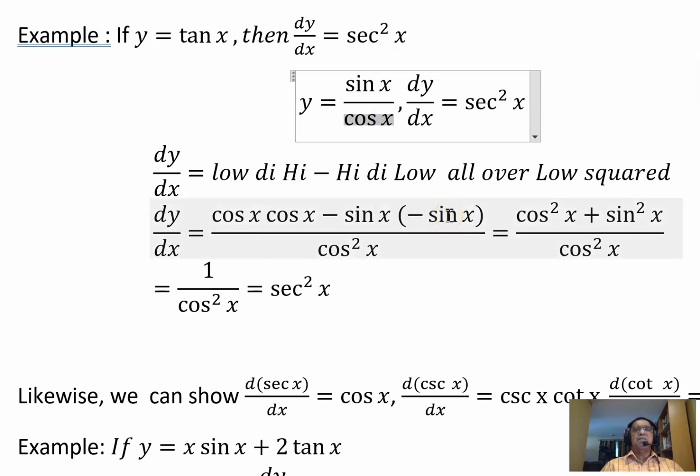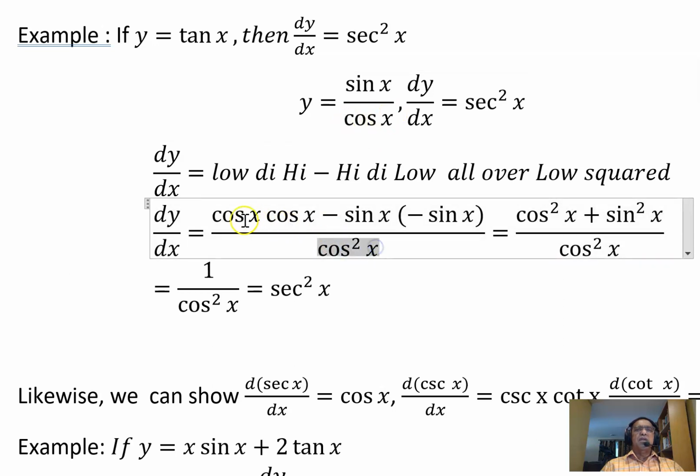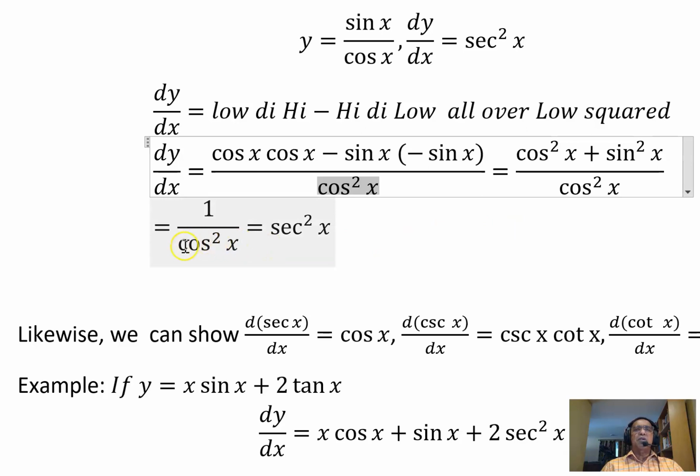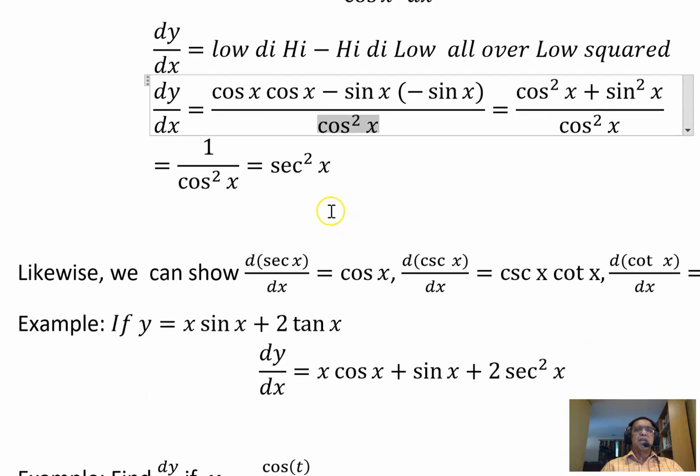All over low squared, which is cosine squared x. So this is cosine x times cosine x, which is cosine squared x, plus sine x times sine x, which is sine squared x. Cosine squared x plus sine squared x is equal to 1. So we get 1 over cosine squared x, which is secant squared x, because 1 over cosine x is secant x, so 1 over cosine squared x is secant squared x.